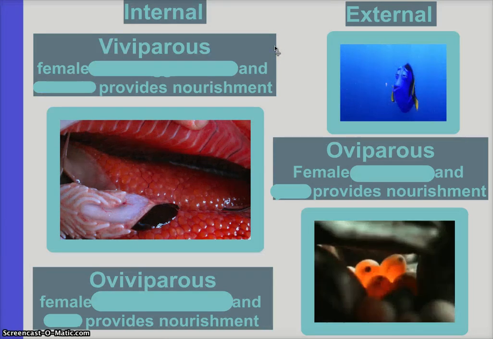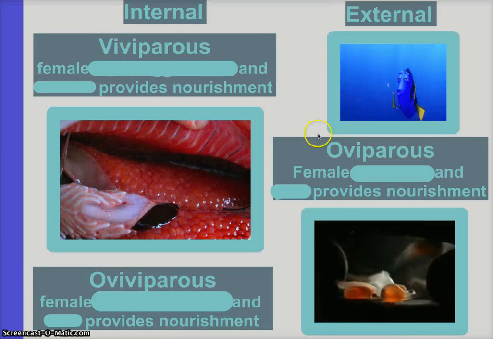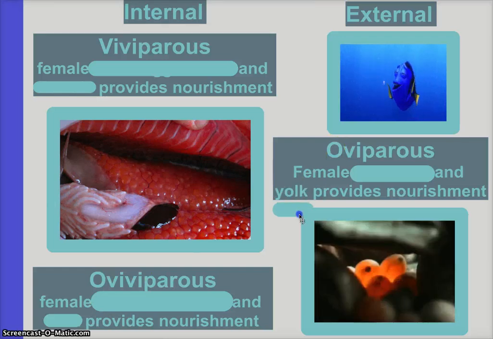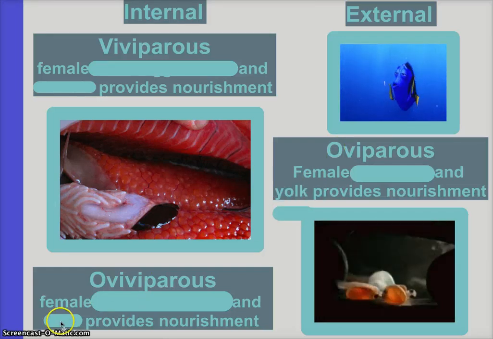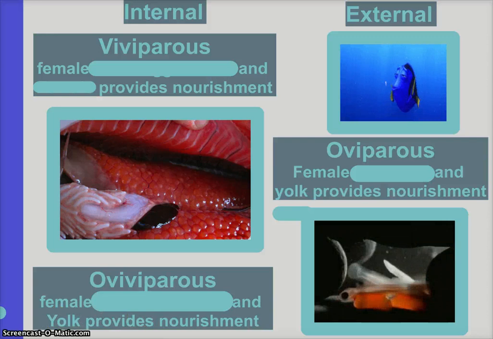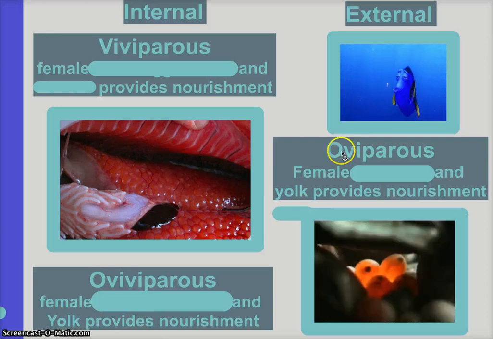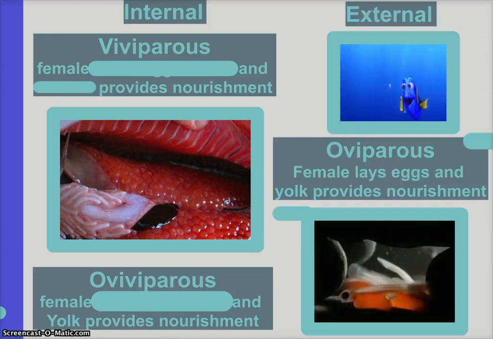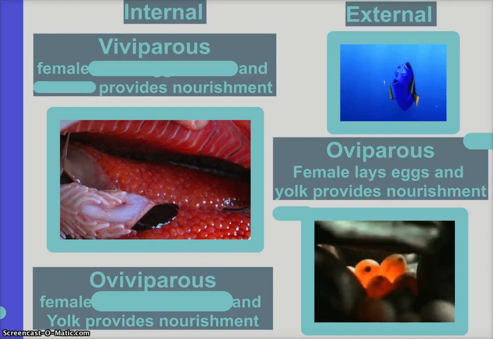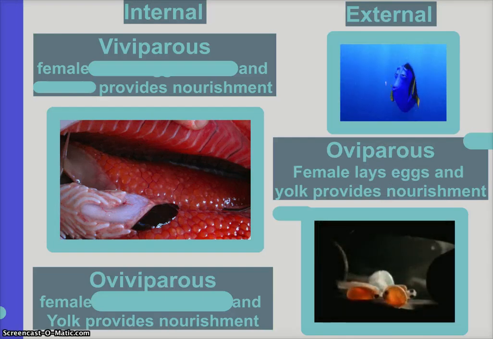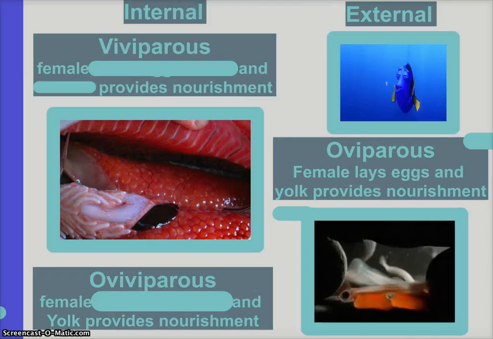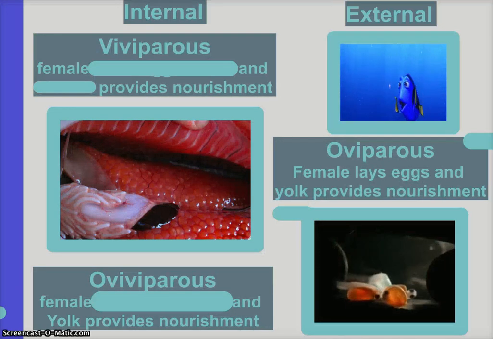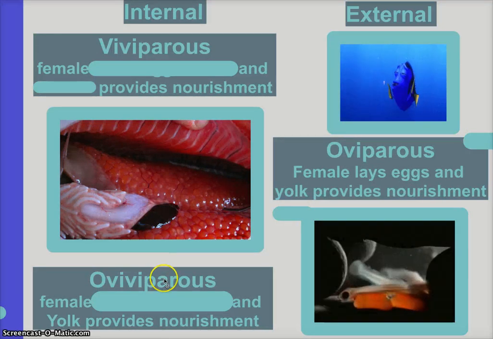The words are weird, so I want you to remember them. O, think of the yolk. Yolk has to do with what? Eggs, okay? So in oviparous, it's external, so the female's going to lay her eggs, and there's going to be yolk inside the egg that's going to provide the embryo with all the nourishment that it needs in order for survival, okay? Same thing happens in ovoviviparous.